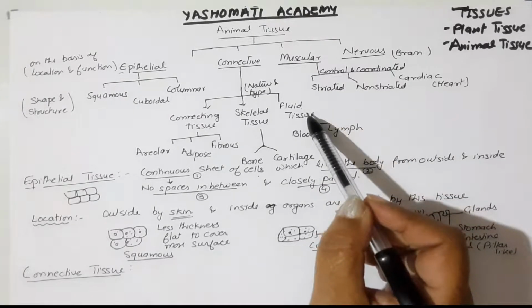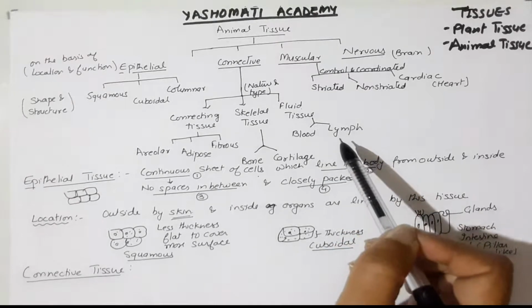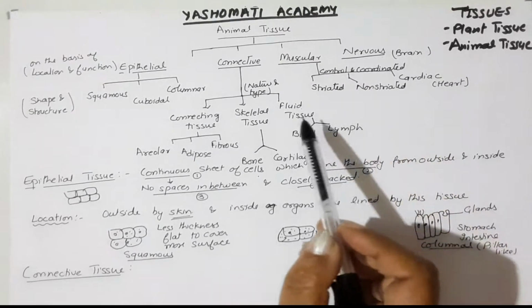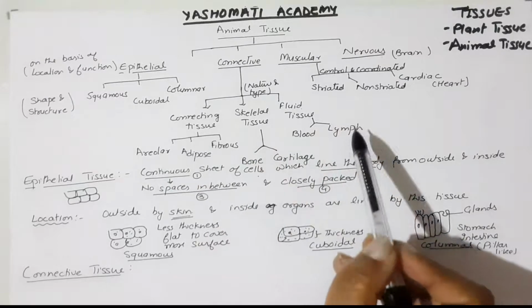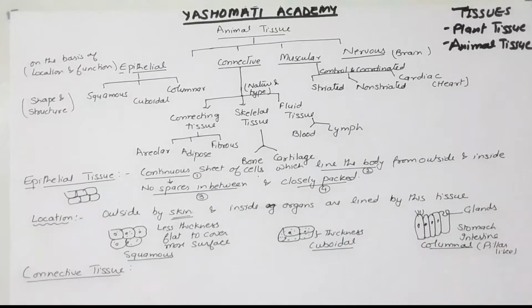The third type of tissue, that is fluid tissue, which consists of blood and lymph. So here what we see, that there is a lot of variety in these types of tissues. We must try to understand that why tissues they are so much differentiated.